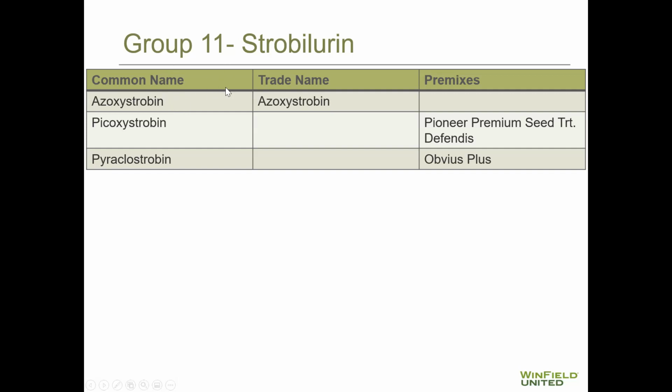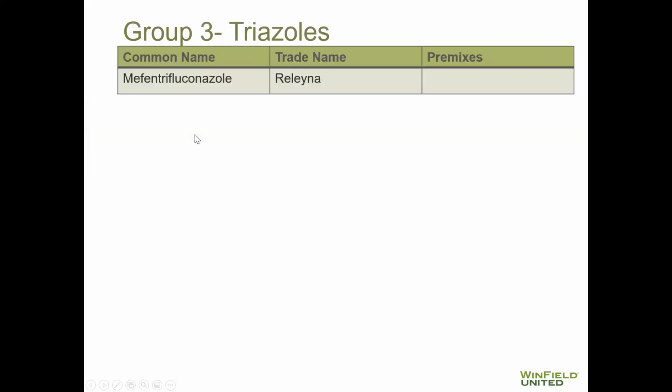But outside of that, it is more of a broad spectrum. The advantage azoxystrobin has is that it does move, whereas these other two don't. Picoxystrobin works pretty good in the Pioneer Premium seed treatment. I'm not going to say it's bad, but some of those other active ingredients help out a little bit more.